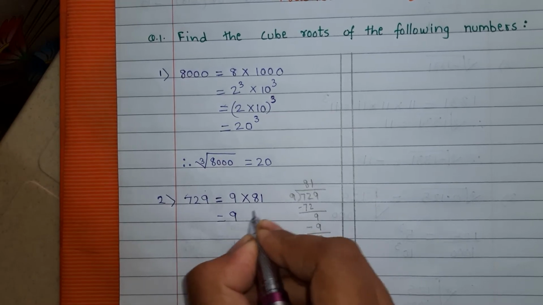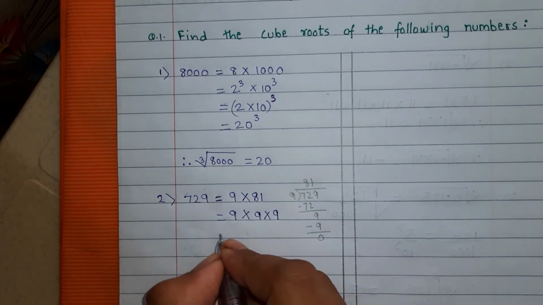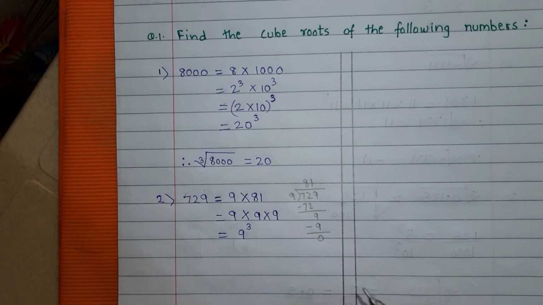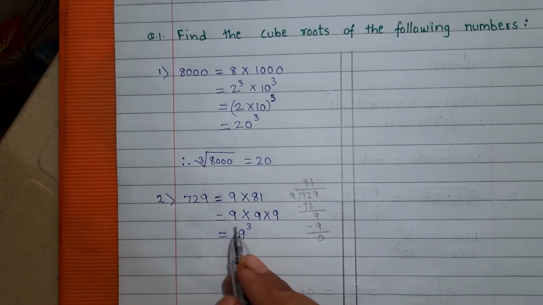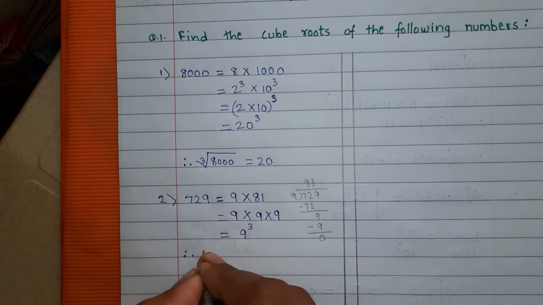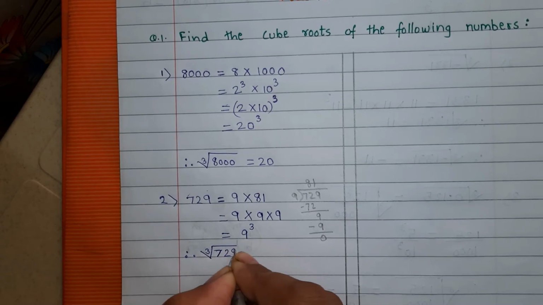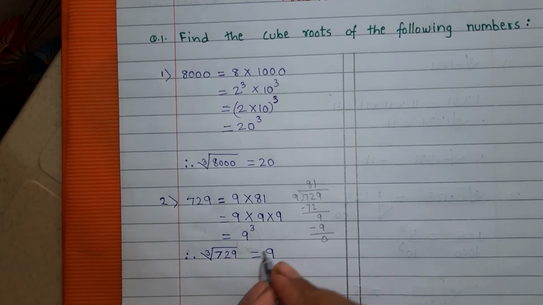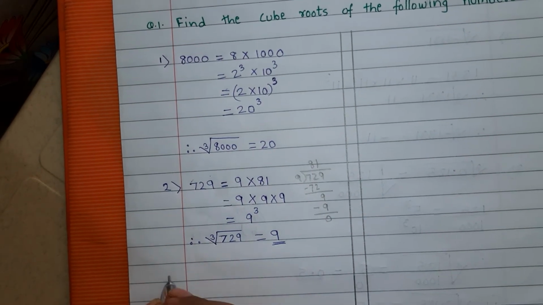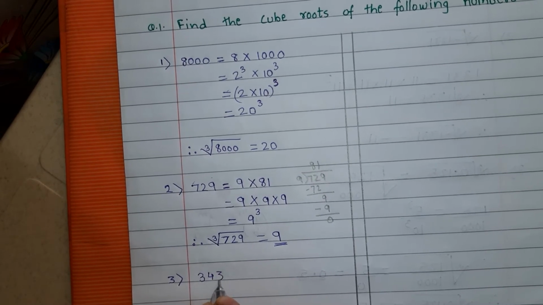Now 81 can be written as 9 multiplied by 9. Means what? 9 into 9 into 9 means what? 9 cube. So 729 is the cube of 9. Therefore, the cube root of 729 is 9. Okay, this is your answer. Now we will see the third example, that is 343.